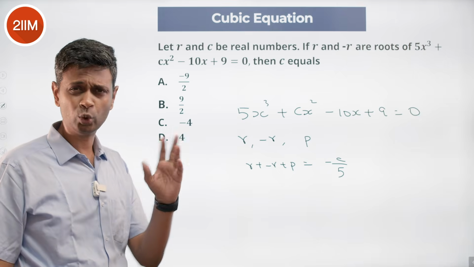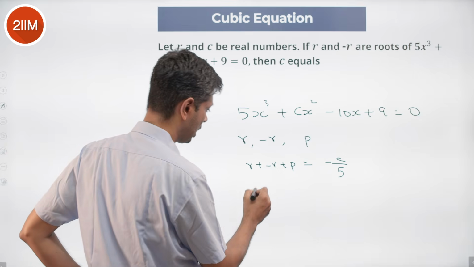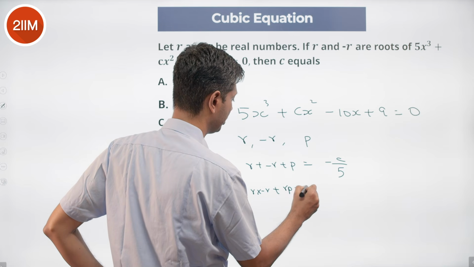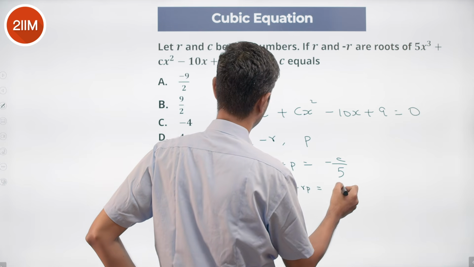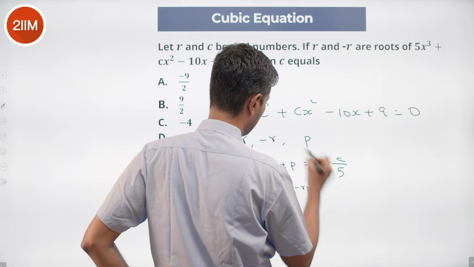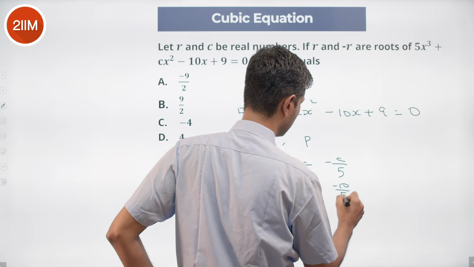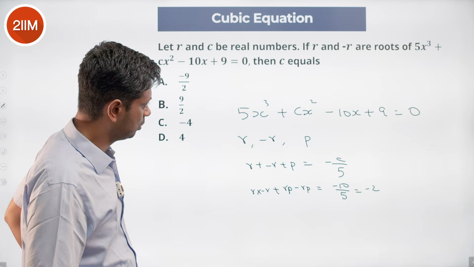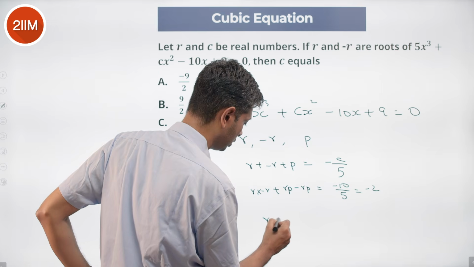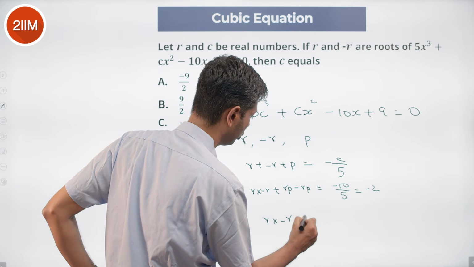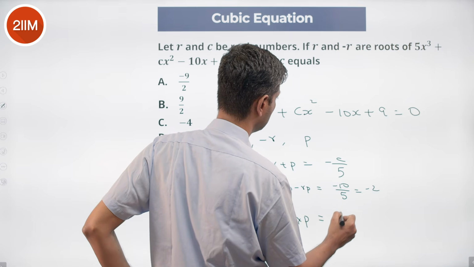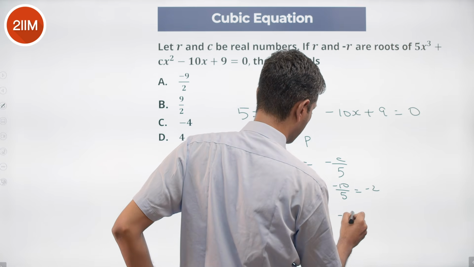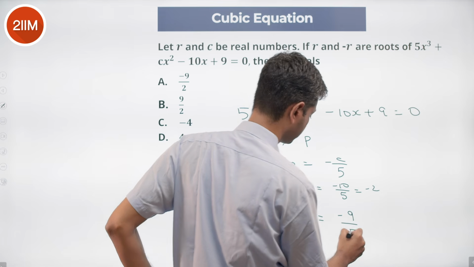Product of the roots taken 2 at a time, which is R into minus R plus RP minus RP equals minus 10 by 5, minus 2. Product of the roots R into minus R into P equals minus plus minus 9 by 5.